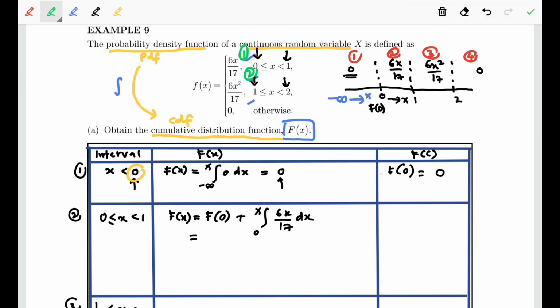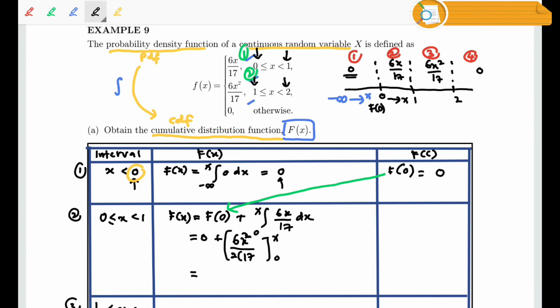F of 0 we have calculated from the previous part, which is 0. Then you just need to integrate this function: 6x over 17 becomes 6x squared over 2 times 17 with the limit 0 to x, and we can cancel out to get 3x squared over 17.